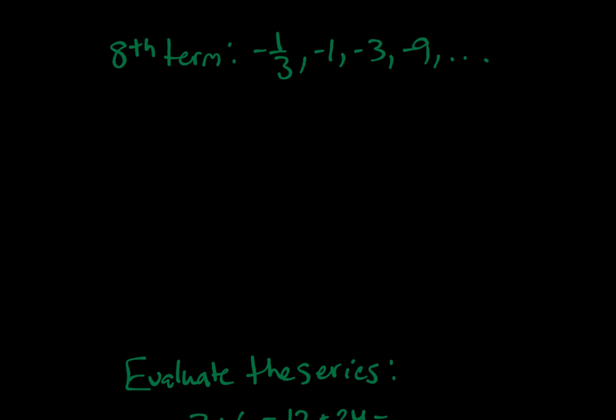All right, now this one asks for the 8th term. Now, because they're asking for a specific term, we're using the A formula. So we're using that formula that we just used earlier. And so we're looking for the 8th term, which means n would be 8. So we're just going to plug it in. A1 is negative 1/3. The common ratio is 3, because we're multiplying by 3 each time.